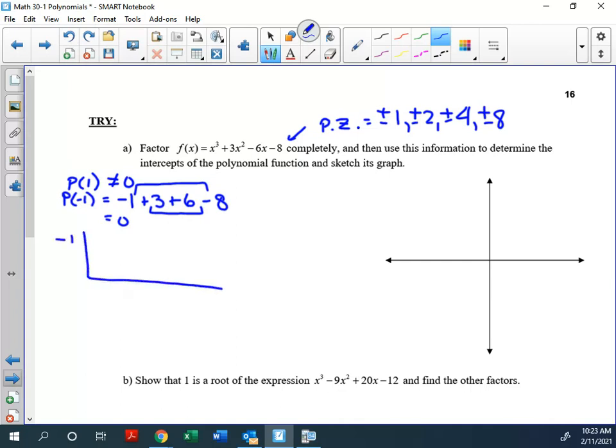-1, 1, 3, -6, -8. Drop, multiply, add, multiply, add, multiply, add. And if you don't get 0, you've made a mistake somewhere. Go find it.